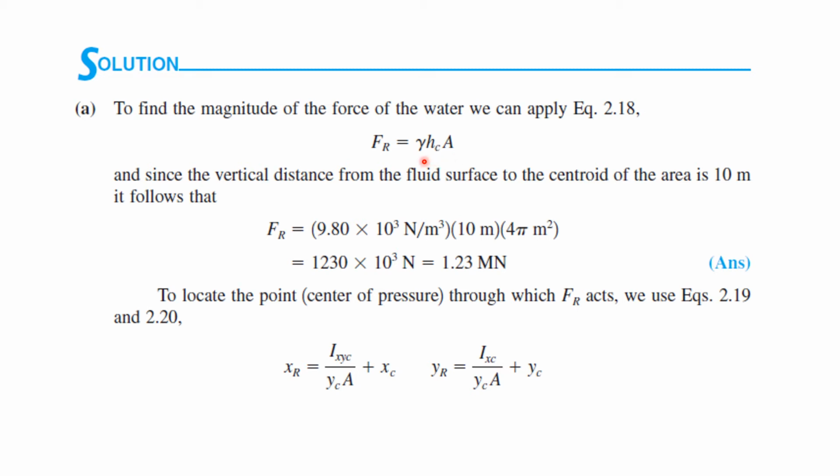Gamma is the specific weight and it is equal to density times gravity. So 9.8 multiplied by 1000 is equal to gamma. You can find the hc, which is the height to the centroid of the plate, and A is the area of the circular plate.